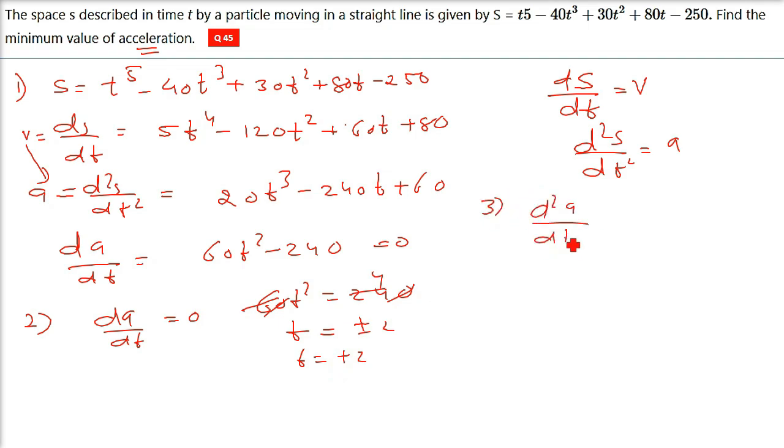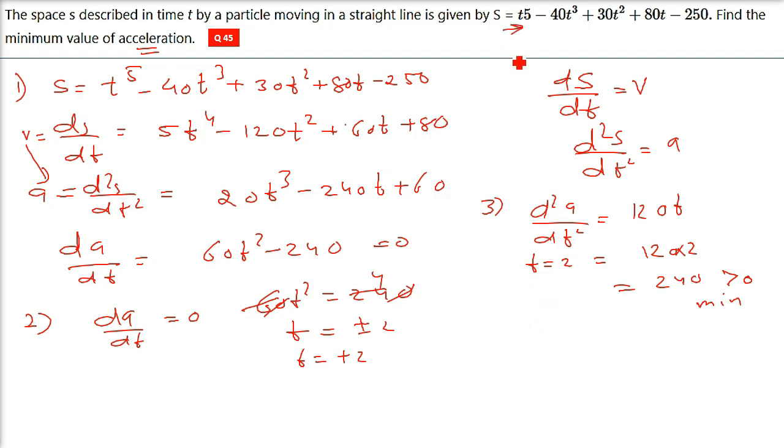So t is plus 2. Now we are going to double differentiate it in order to show that it is the minimum value. d2a by dt square is a differentiation of this one. 60t square minus 240, you got 120t. So when t is equal to 2, it's 240, and 240 is greater than 0, so you are going to get minimum. In order to get the minimum value, where do you put it?